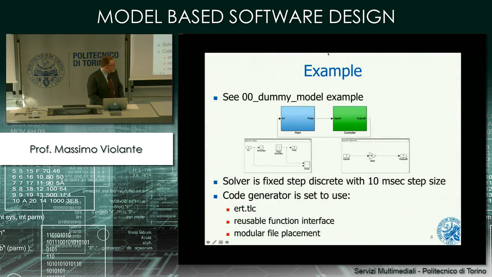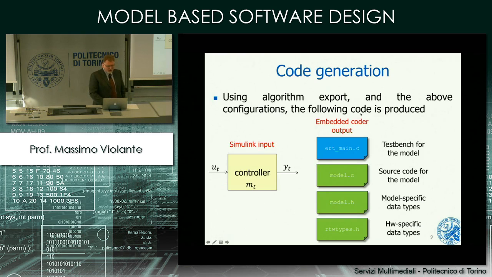So remember that our model is controller. This is what we want to translate into C code. Okay? So using code generation algorithm export, this is because we do not have any platform-specific blocks in our model, and so we are not generating the full executable that can be deployed on the board, but we are just exporting the algorithm implemented by the controller, we have this result.